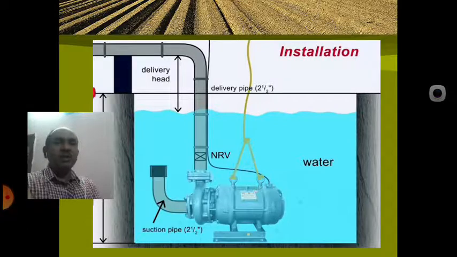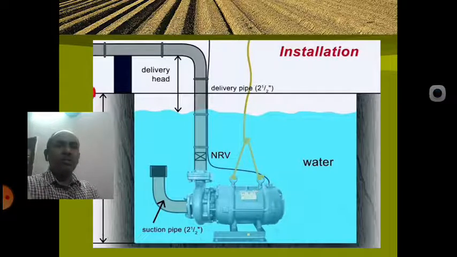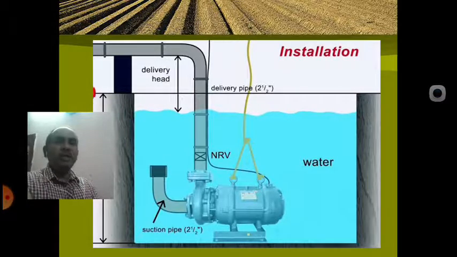Now sometimes we can use this type of motor. How does the installation take place? Here one motor is placed inside the water tank or a well, where a non-return valve is provided to stop the water from returning, and the water is supplied. A waterproof cable is given to this one.